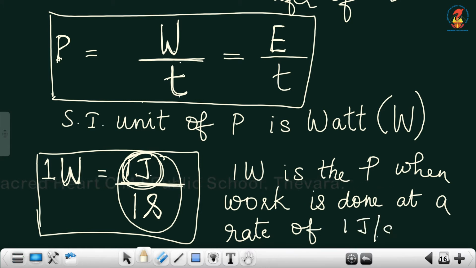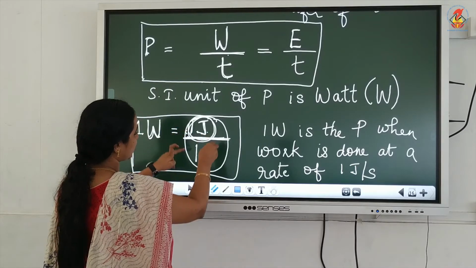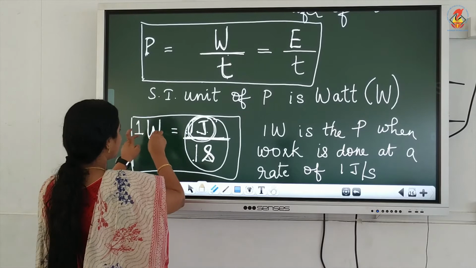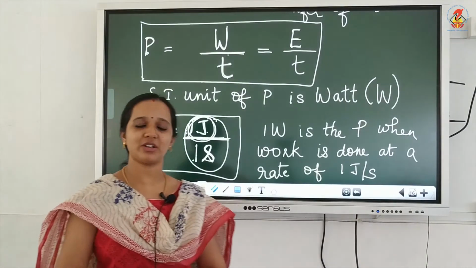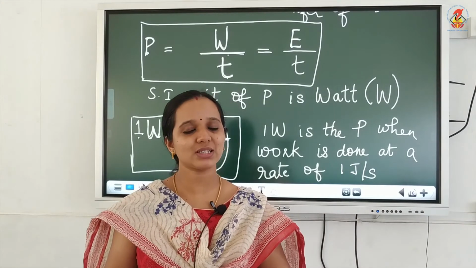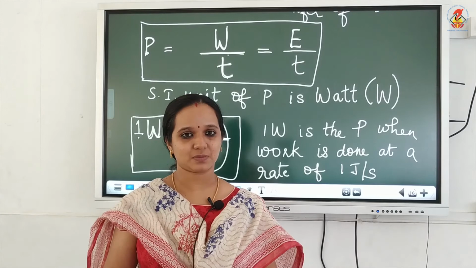When 1 joule work is done using 1 second, then the power is known as 1 watt. So 1 watt is the power when work is done at a rate of 1 joule per second.